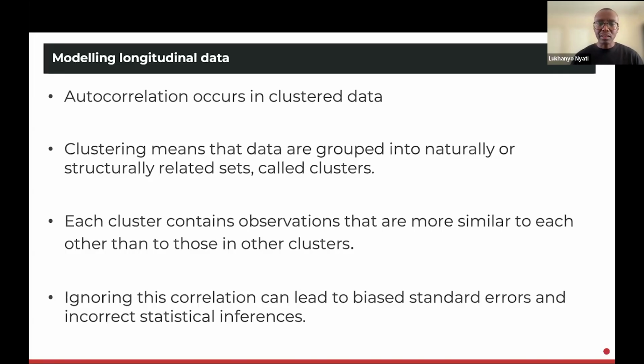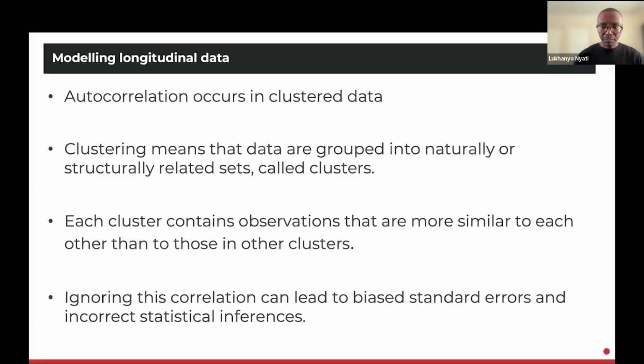And so context is very important in influencing growth and developmental outcomes. That clustering then happens within a context. So you need to make sure that you account for this correlation that can occur between observations from each country.